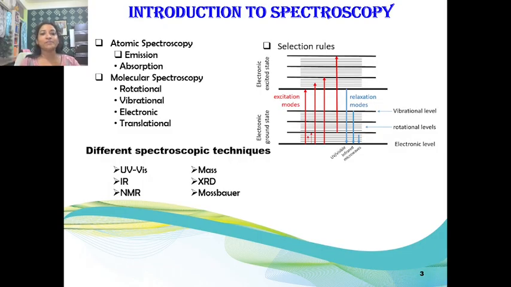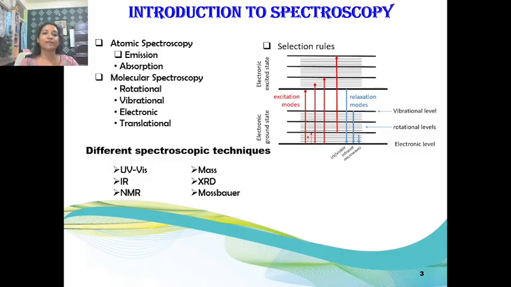Now, molecular spectroscopy, like atom, molecules also can absorb energy and they can emit and radiate energy. But also there are different types of process like vibrational spectroscopy, translational spectroscopy, rotational spectroscopy, which are not included in the atomic spectroscopy.